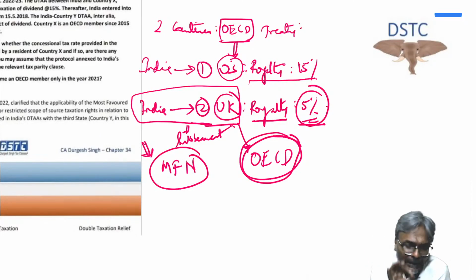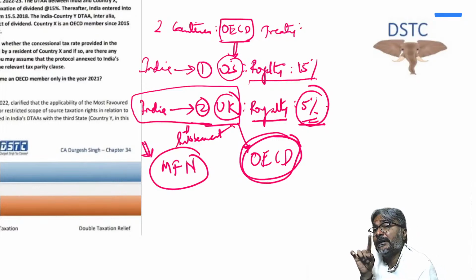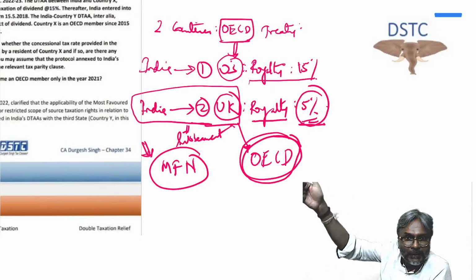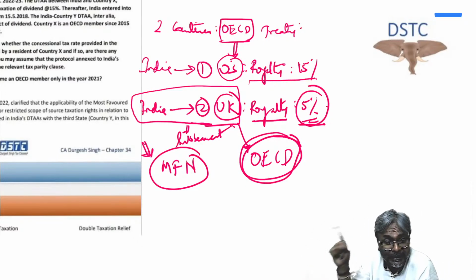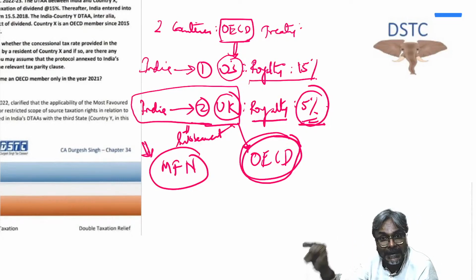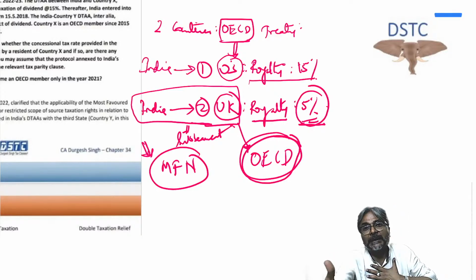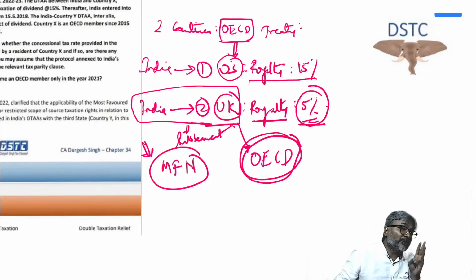Which means that if the UK was not a member of OECD at the time when it entered the treaty with India, then this concept will not apply. Means the US resident cannot take the favorable rate of the India-UK treaty.